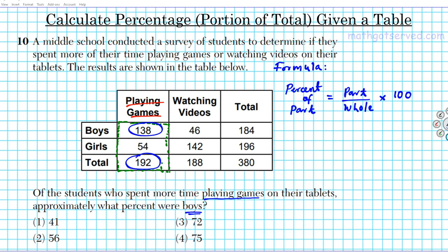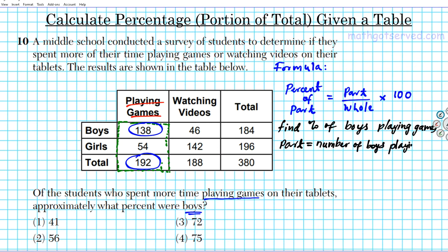Let's specify what we're looking for in this problem. We're to find the percentage of boys, so this is the part that are playing games. That's the whole, playing games. So the part is the number of boys that are playing games.